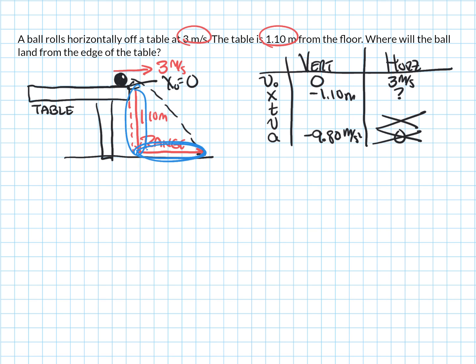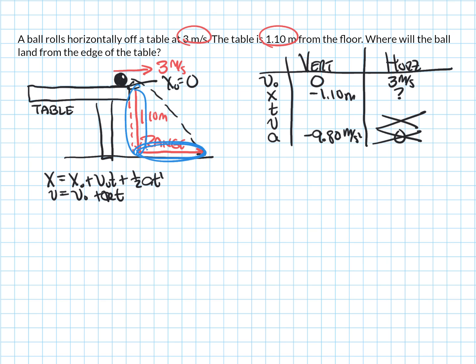All right, so we said it's going to be a kinematics problem. So let's go ahead and list our kinematics equations that we know. x equals x naught plus v naught t plus 1/2 at squared. And v equals v naught plus at.